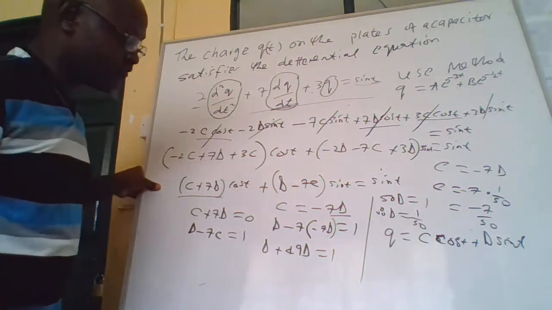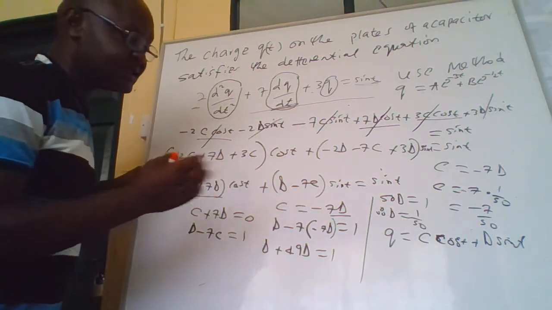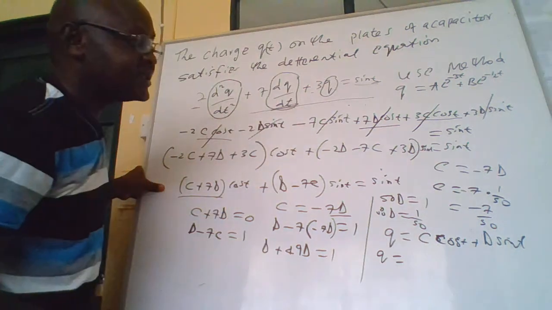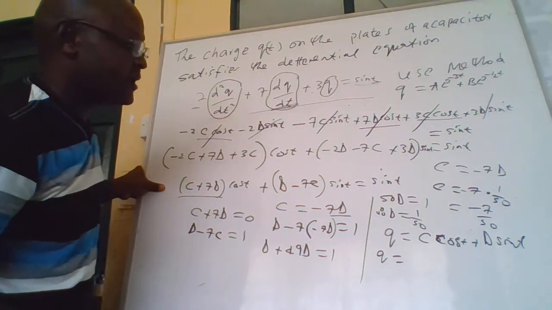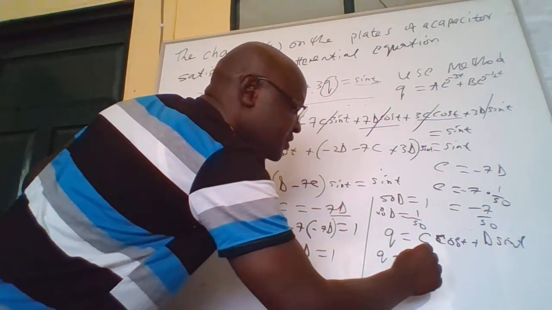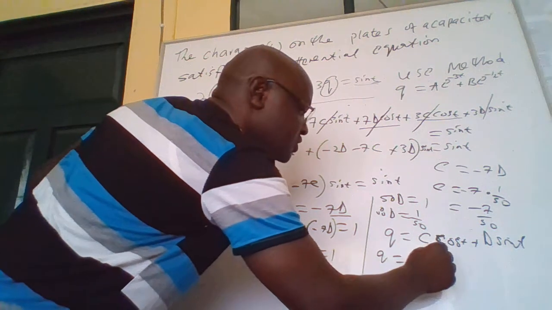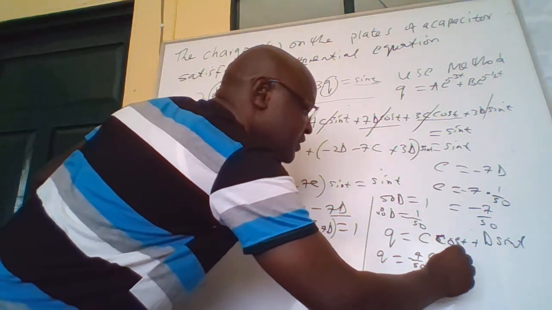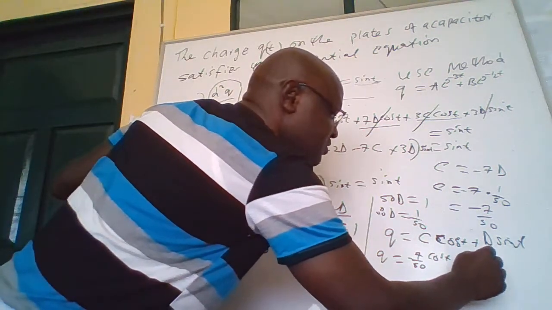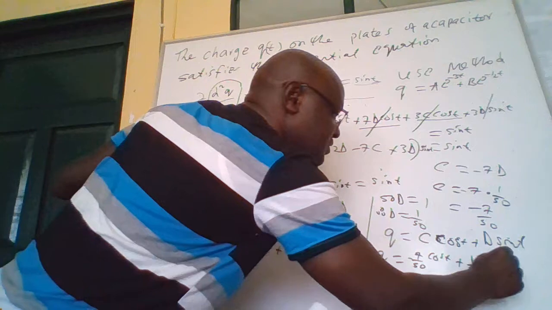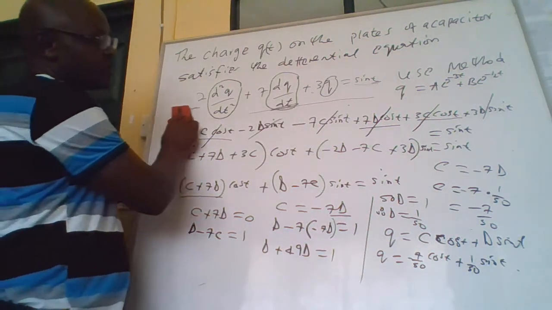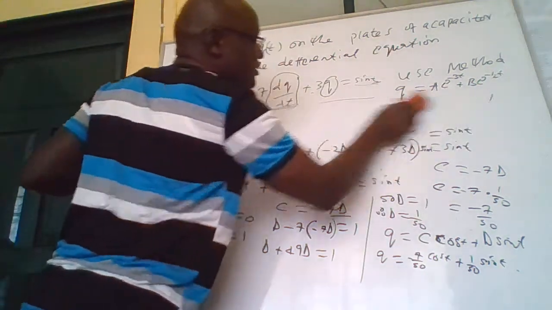So we substitute the values of D and C. So our particular integral therefore will be Q equals negative 7 over 50 cos t, then plus 1 over 50 sin t.